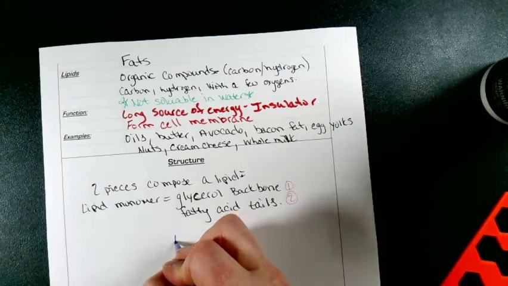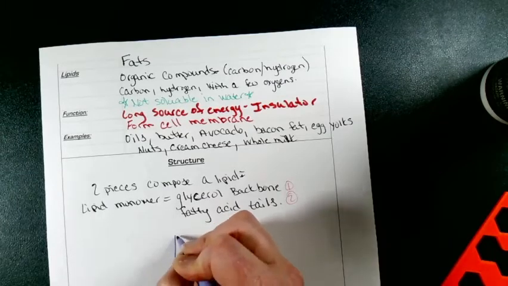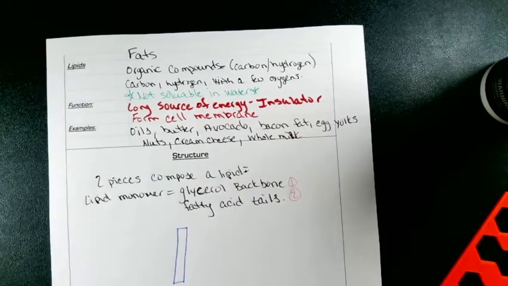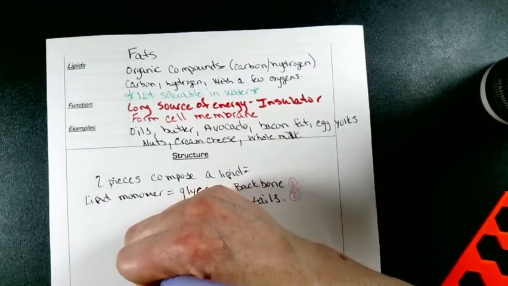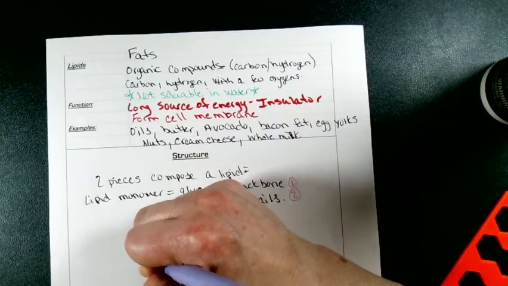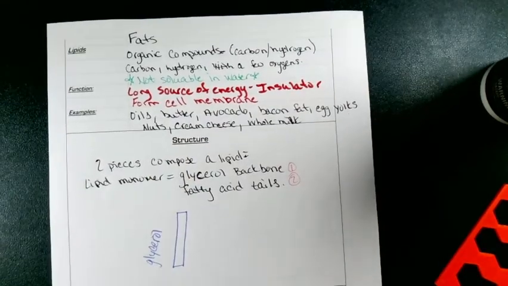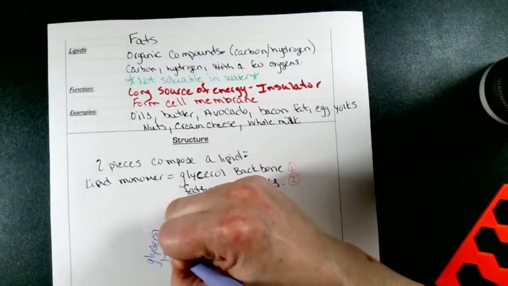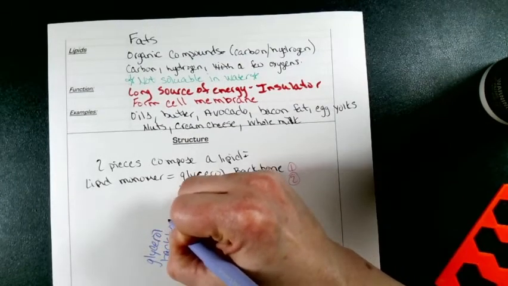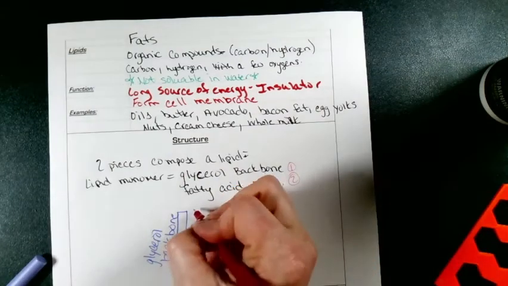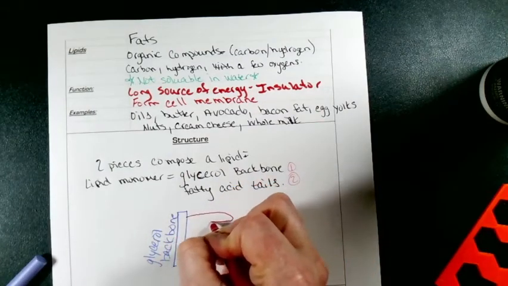Here, the first part, glycerol backbone, we're just doing the basic structure. Later in the next week, we're going to learn the functional groups, what makes this up exactly, and how it looks. So glycerol backbone, and three fatty acid tails.